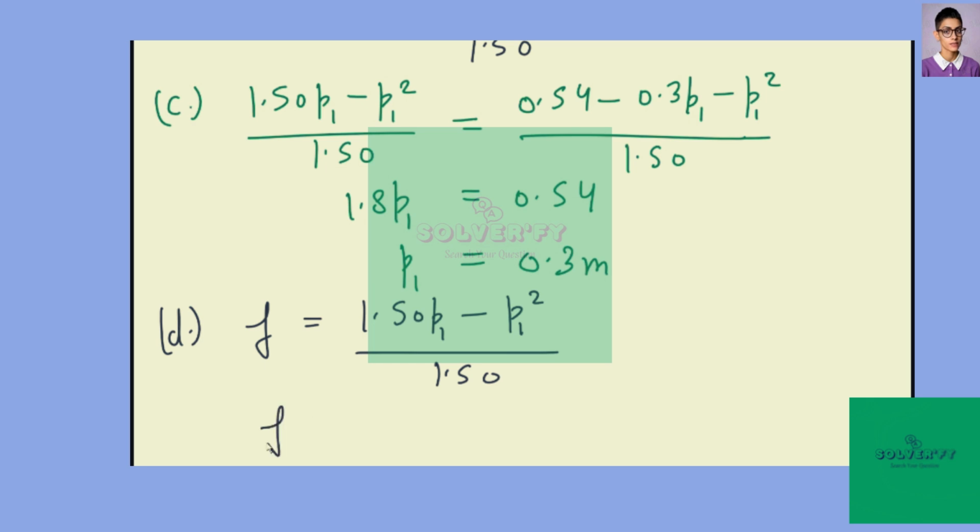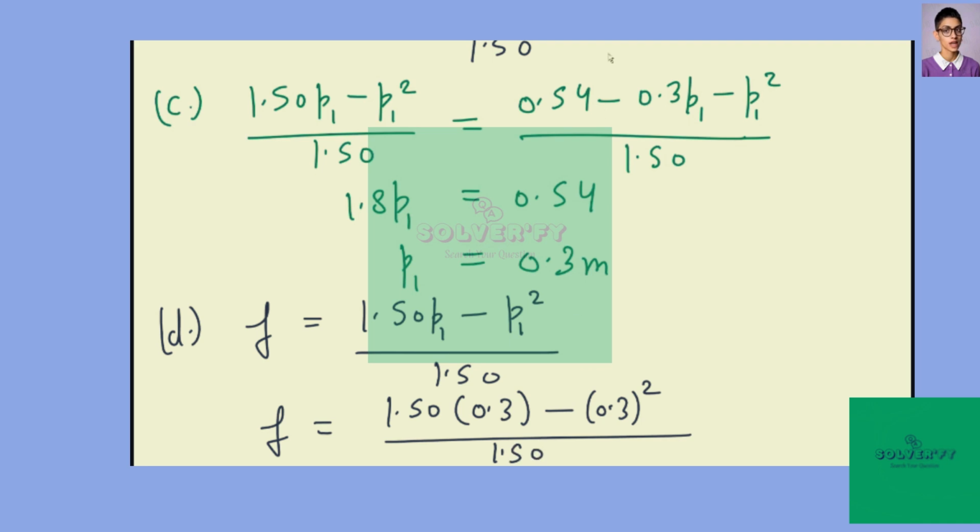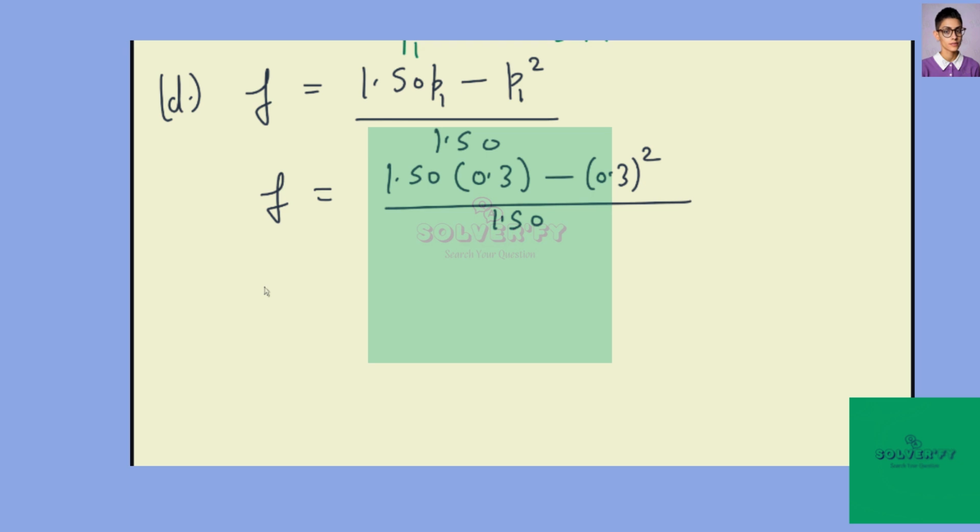So now we can write this as F equal to 1.50 multiplied by 0.3 minus 0.3 whole square divided by 1.50. So we get F is equal to 0.24 meter. Therefore, the focal length equals 0.24 meter.